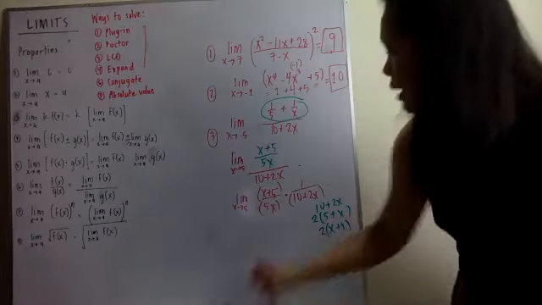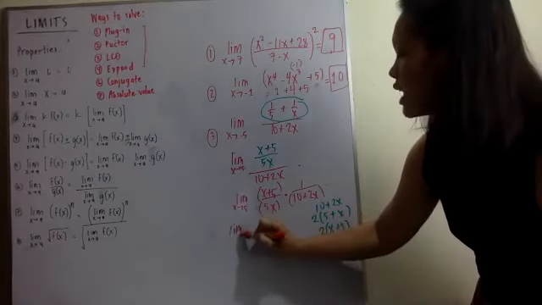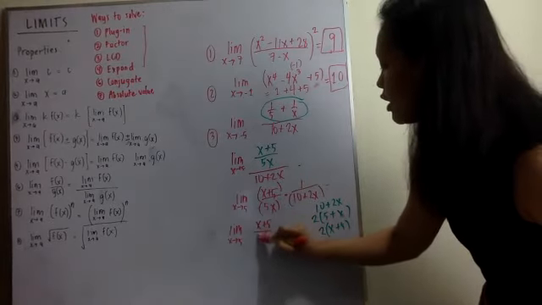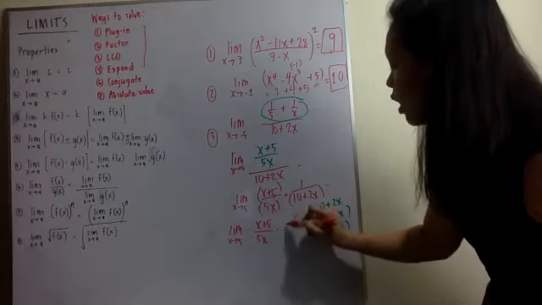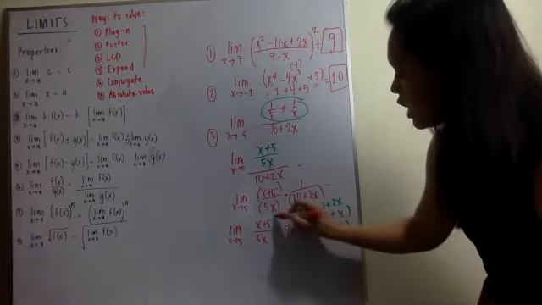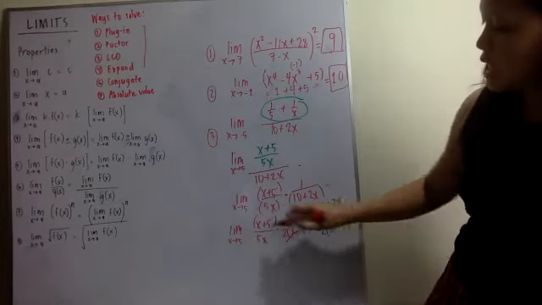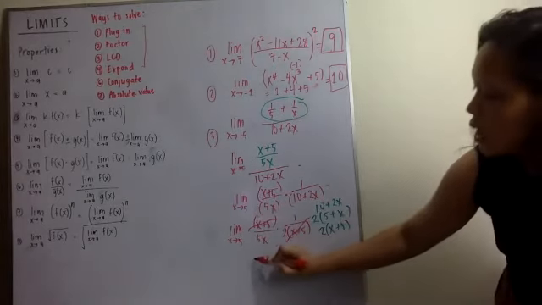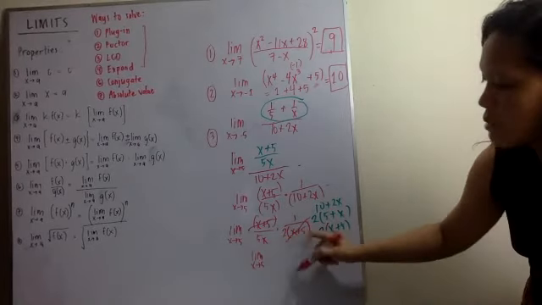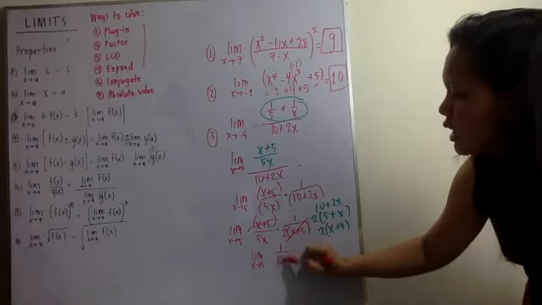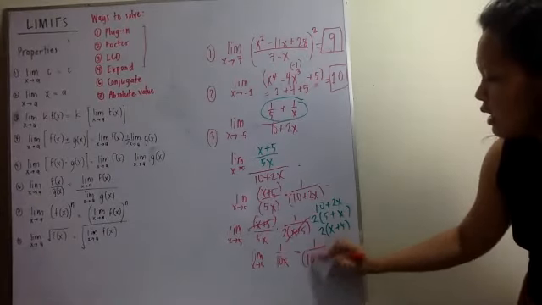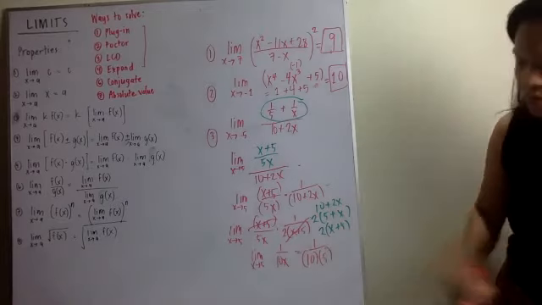So, back here: limit as x approaches 5, x plus 5 over 5x times 1 over 2 times x plus 5. We can cancel x plus 5. We're left with 1 over 5x times 2, or 1 over 10x. Now, substitute: 1 over 10 times 5.